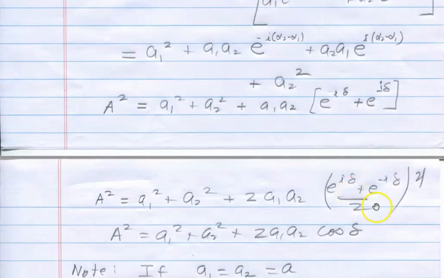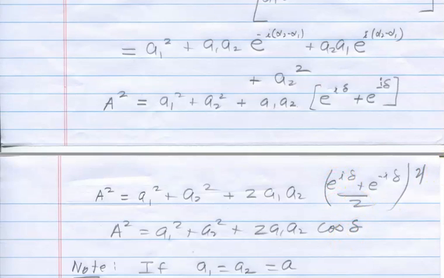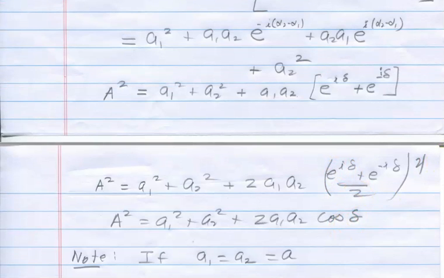And you may recognize this is just the cosine of delta. So there is the addition. You can find the square root. It's a very similar expression to what we had before, except we arrived at it in this complex notation. Again, just looking at 2.